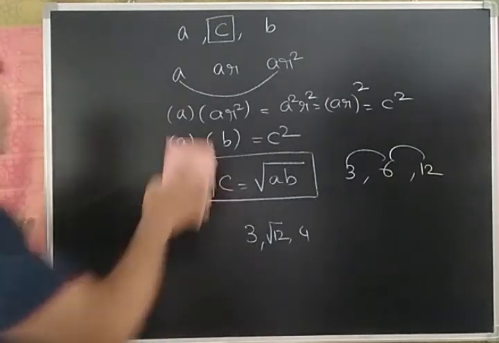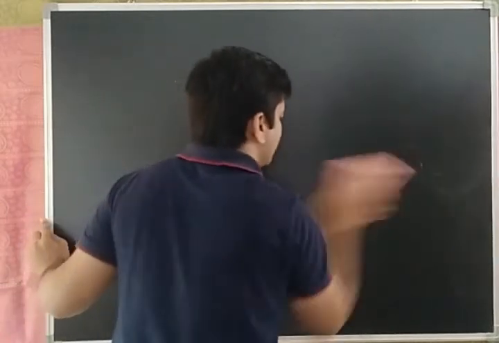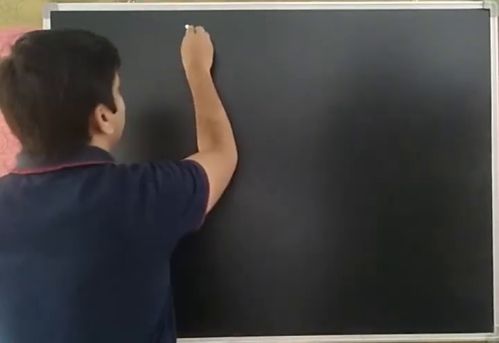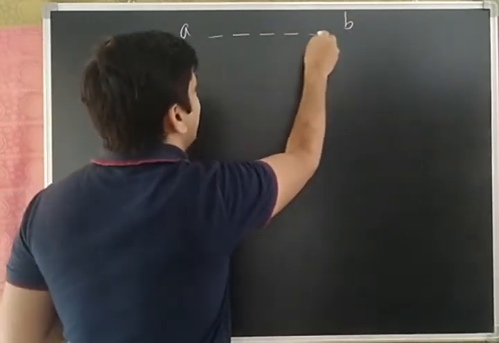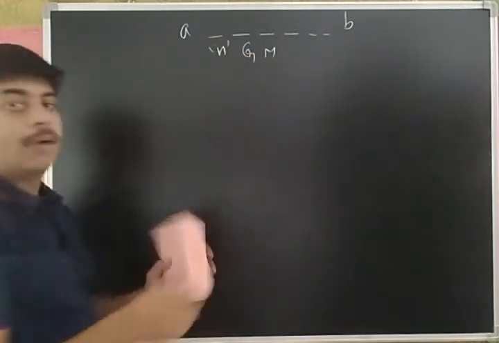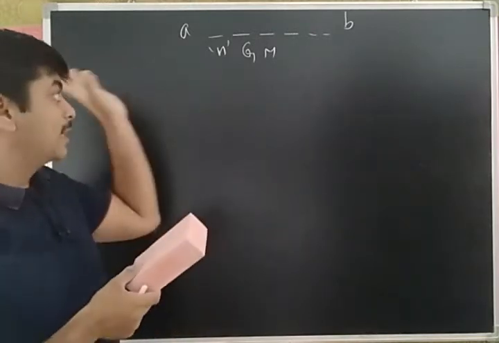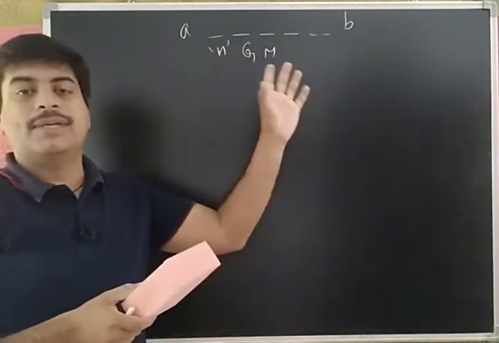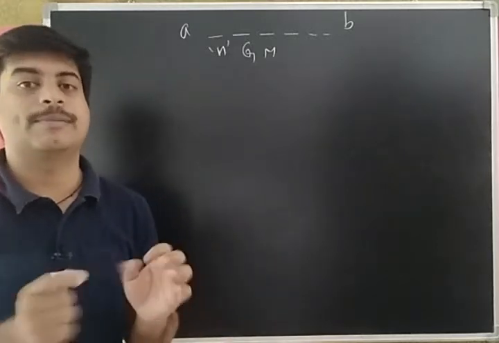Okay, so let us take two numbers A and B. In between the two numbers A and B, I want to insert n geometric means, or simply n number of terms, so that the complete sequence is in geometric progression.